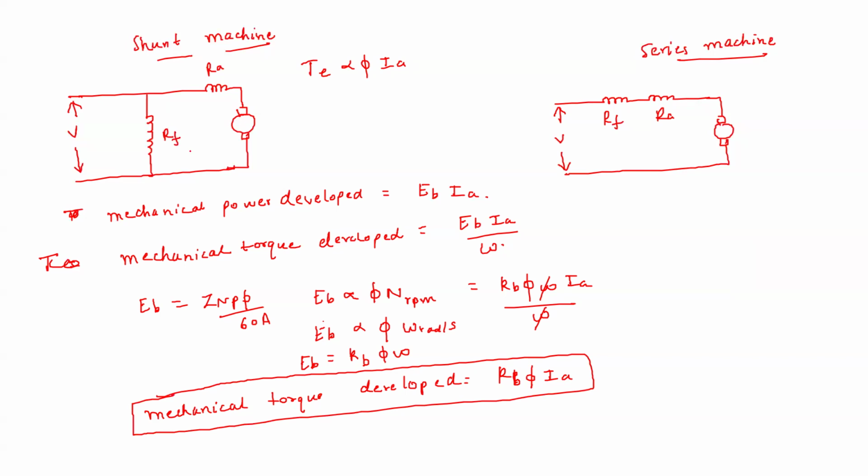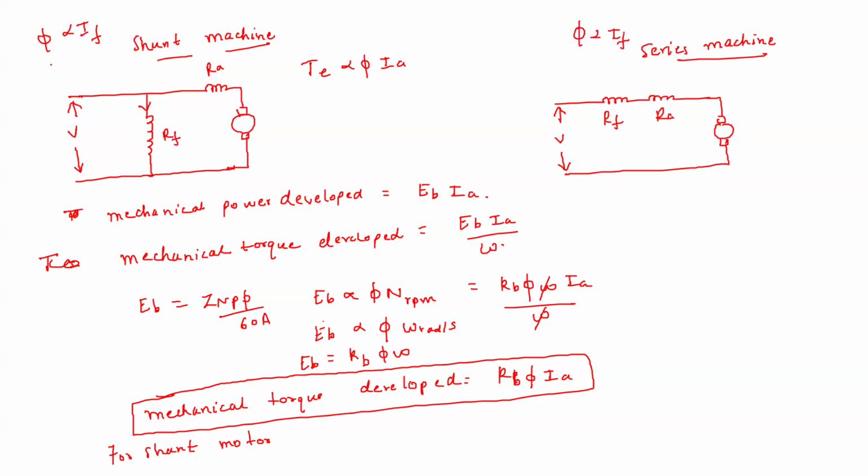Now for the shunt motor, what happens? We know that phi is proportional to field current, whether it be a shunt machine or a series machine.